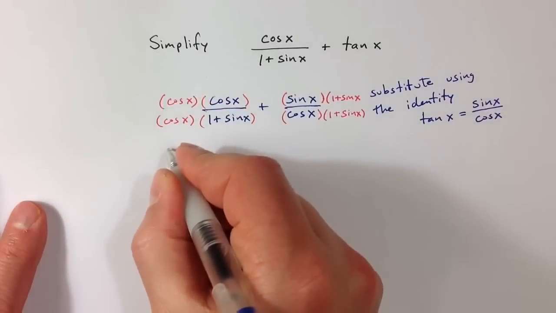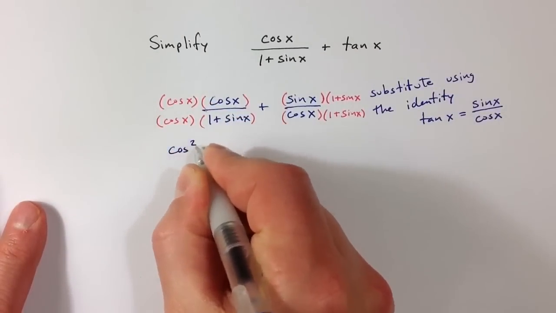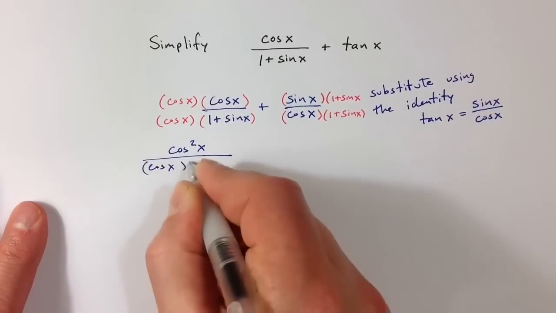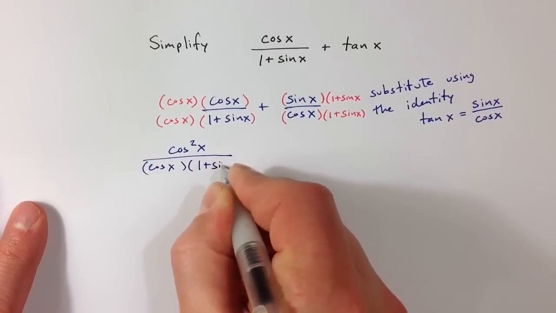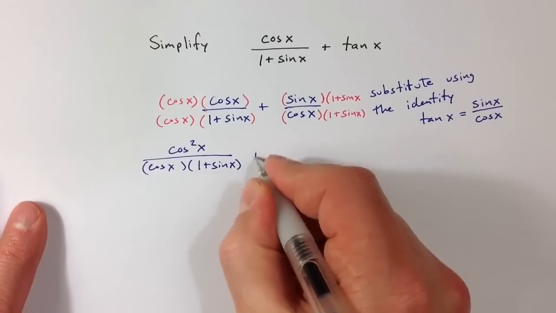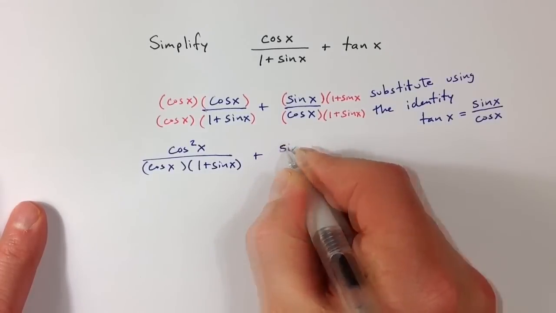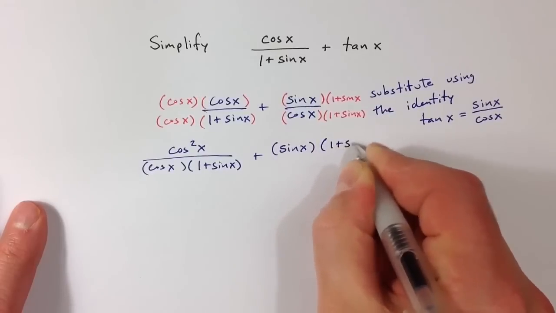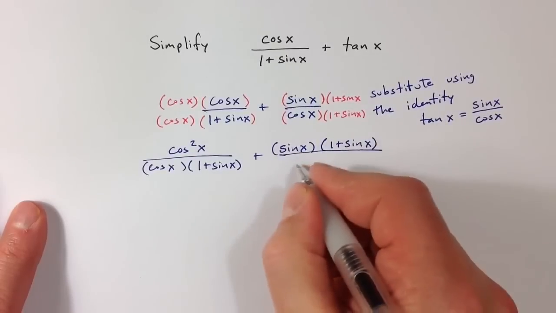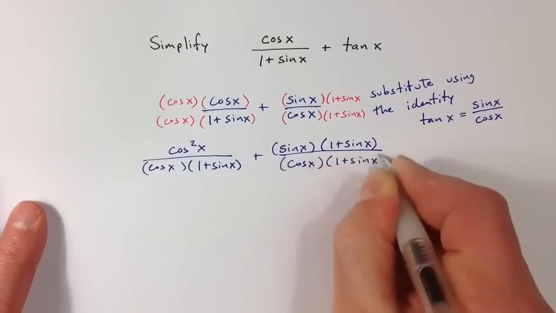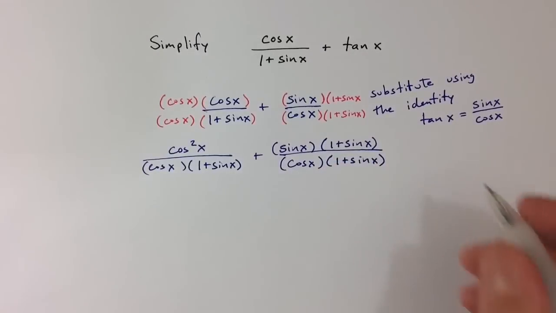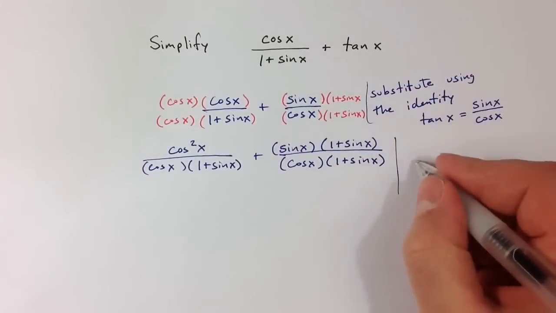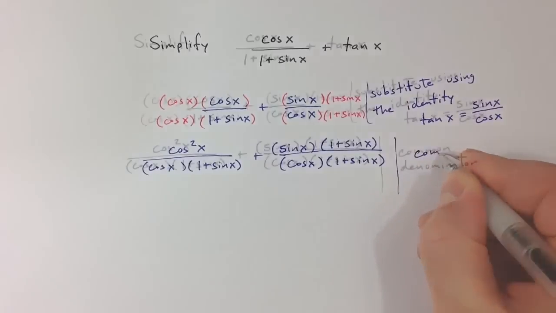So I can think of the first fraction now as cosine squared of x over cosine of x times 1 plus sine of x. And the second fraction is sine of x times 1 plus sine of x divided by cosine of x times 1 plus sine of x. And so thinking about the step that we did to get there, I found a common denominator.